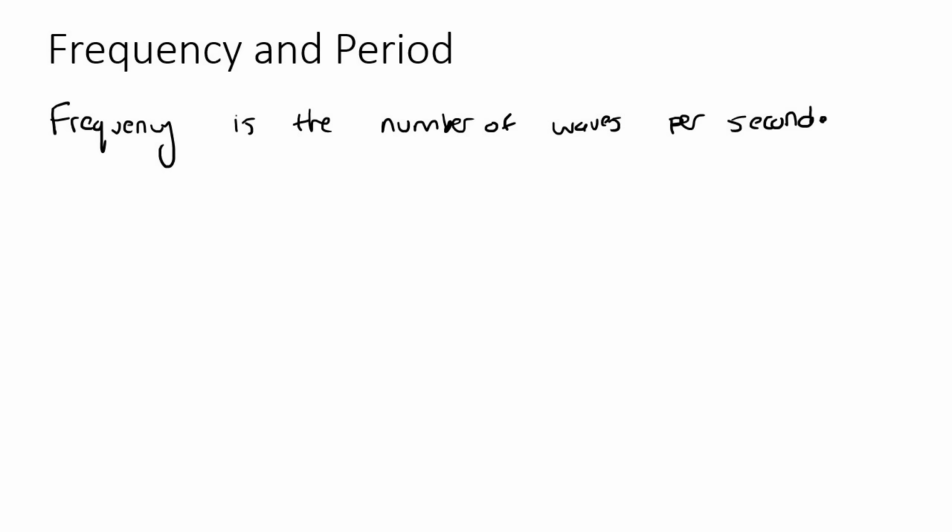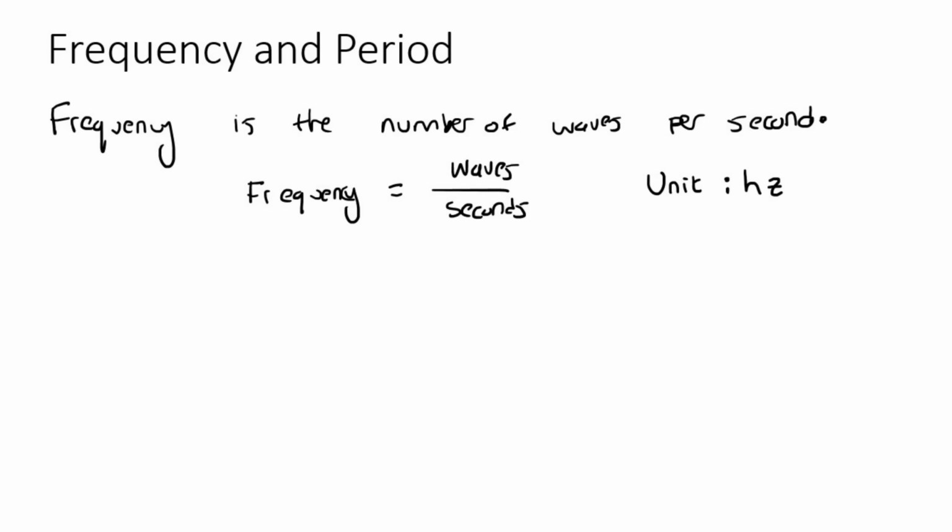So frequency is the waves divided by the seconds, and it's measured in hertz. That's its unit. Now, if you look at period, it is the number of seconds per wave.